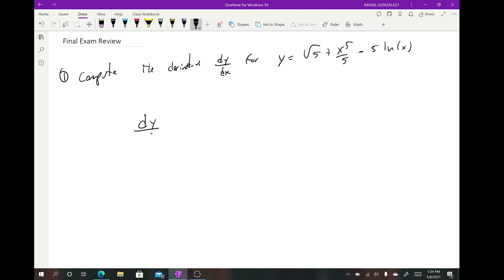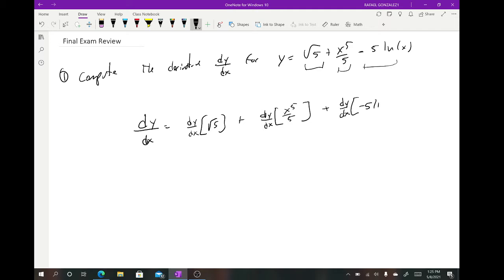If we're computing this derivative, then remember we could take the derivative by parts. So we could take the derivative of each of these parts independently. So I could do dy/dx of radical 5 plus dy/dx of x to the 5 over 5, and then plus dy/dx of negative 5 times ln of x.